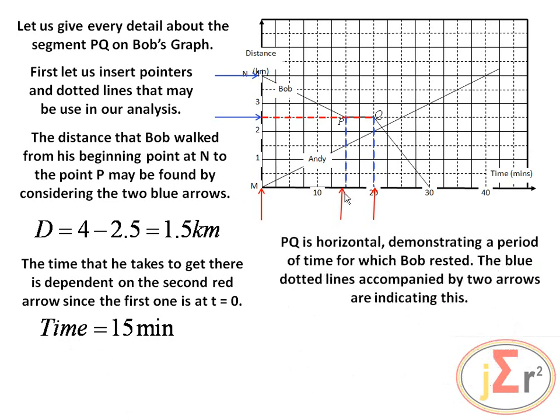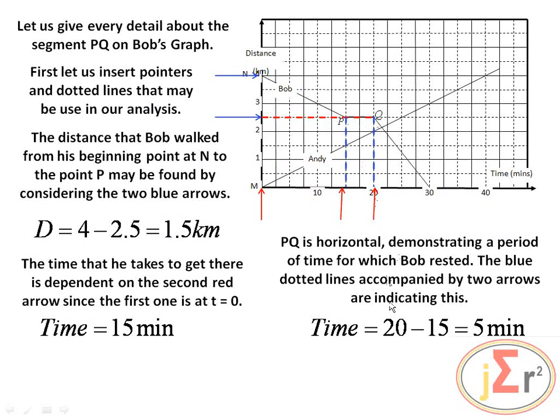PQ is horizontal, demonstrating a period of time for which Bob rested. The blue dotted lines accompanied by two arrows are indicating this. So here we have them. The region in which Bob is at rest.